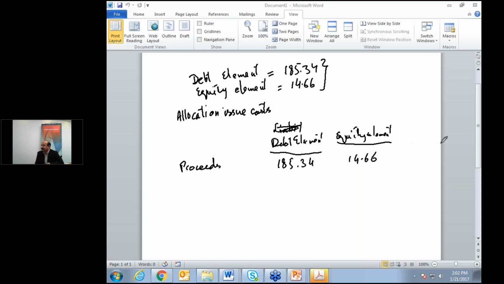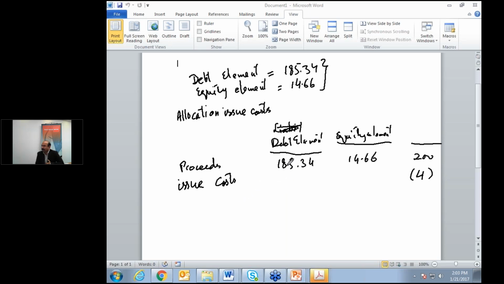Equity: 14.66, the total is 200, and then issue cost. 4 million was the issue cost. So we shall be allocating this 4 million on a pro rata basis.